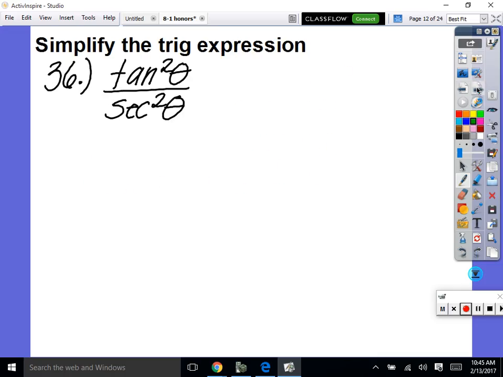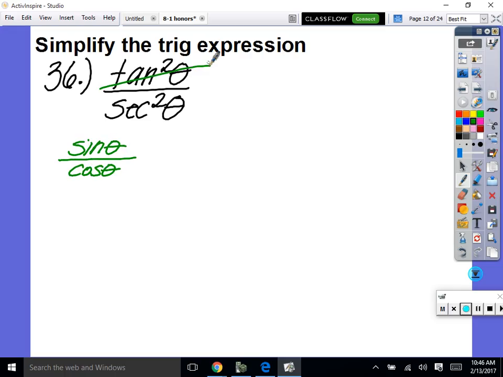Okay, let's go. Simplify the trig expression. There's many ways to tackle it. Some people can come up with a way quicker way than me. Anybody have any ideas? Okay, let's do that. So tangent squared of theta is sine squared theta over cosine squared theta, right?